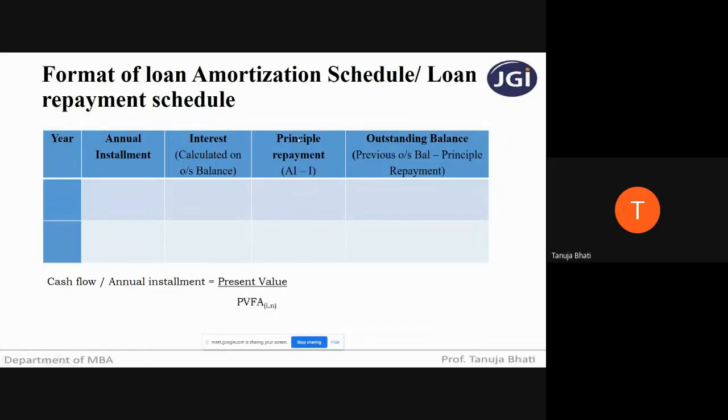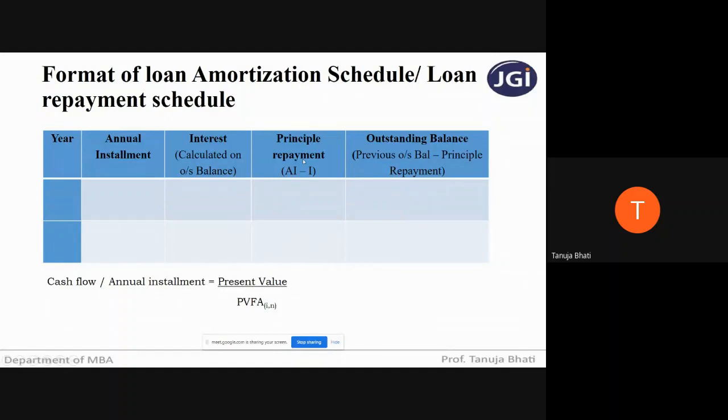Next is principal repayment. As I told you, principal repayment is nothing but the remaining amount, whatever you have paid to the bank in the form of annual installment, after the bank removes the interest element from that. So simple: annual installment, which I've shown in short form as IA, minus interest, which I have shown as I. So IA minus I is nothing but your principal repayment.